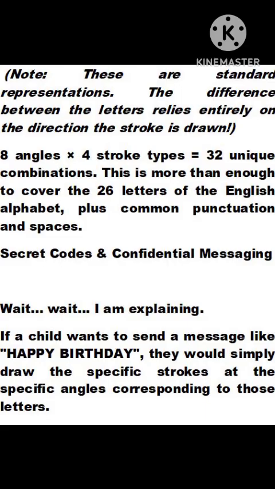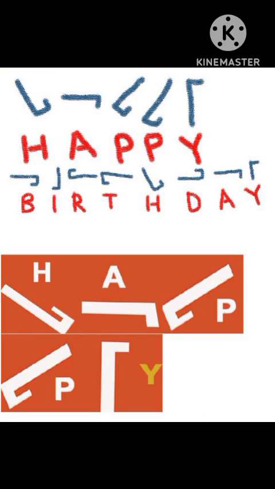This is more than enough to cover the 26 letters of the English alphabet, plus common punctuation and spaces, secret codes and confidential messaging. Wait, I am explaining. If a child wants to send a message like happy birthday, they would simply draw the specific strokes at the specific angles corresponding to those letters.